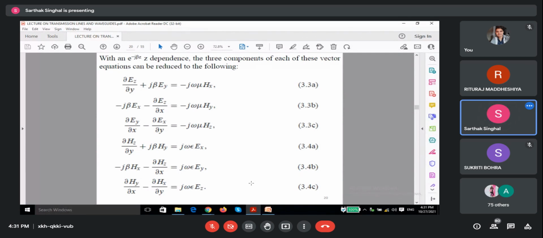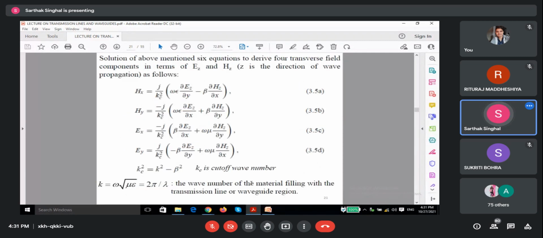You have to reduce these equations to derive the other four components, that is Hx, Hy, Ex and Ey. Okay?